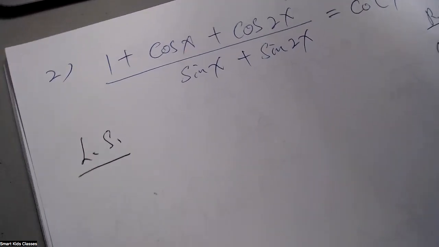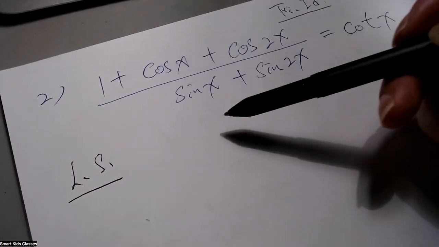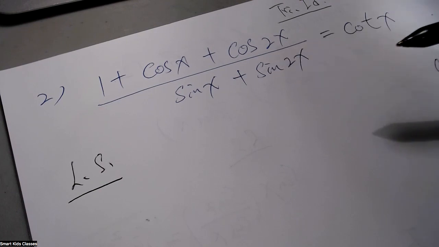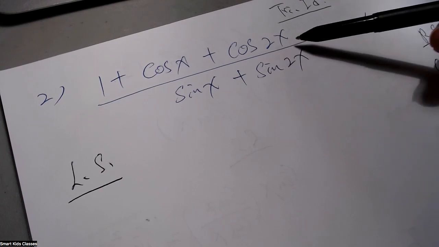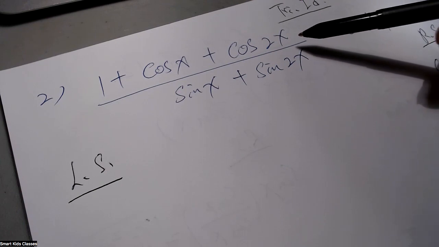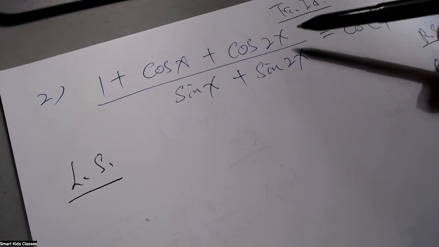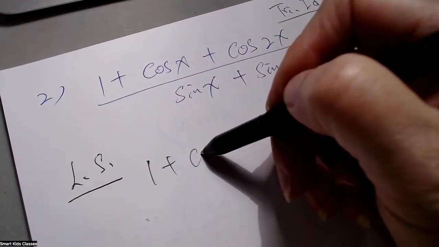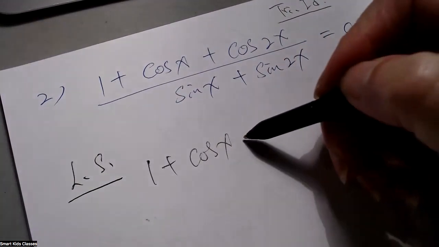On the left side, we find there's a 1 at cosine x and a cosine 2x. Cosine 2x has a few formulas, so we are going to use one of them, the double angle formula, and then put 1 at cosine x.